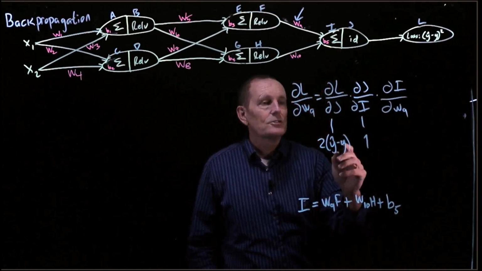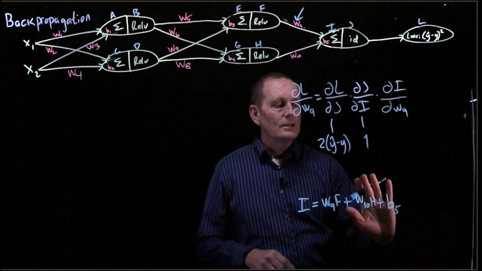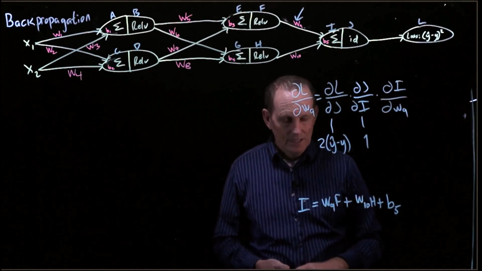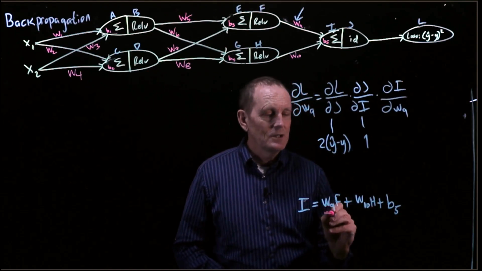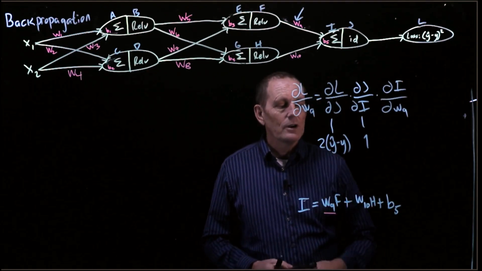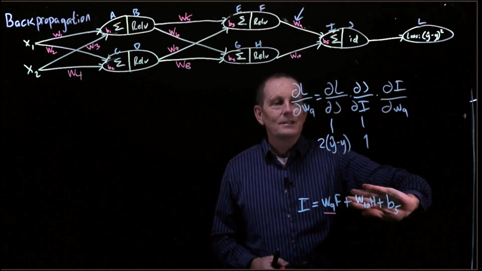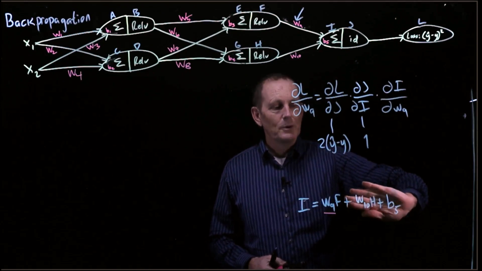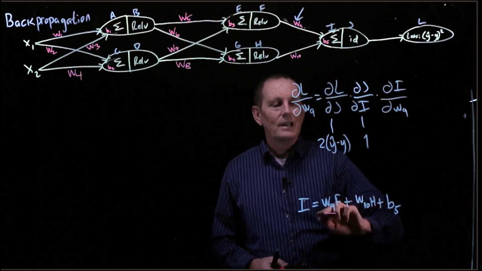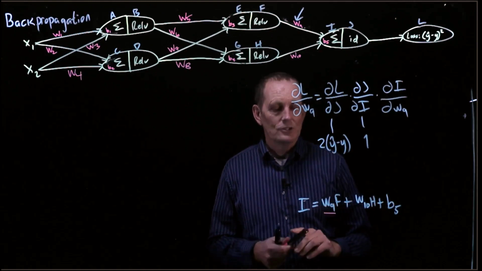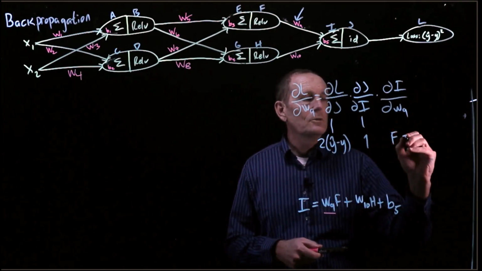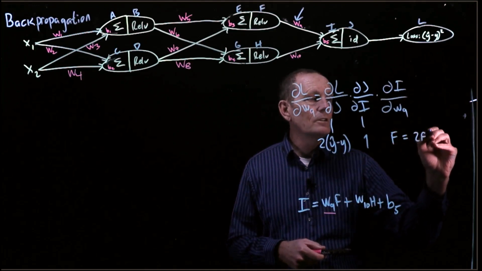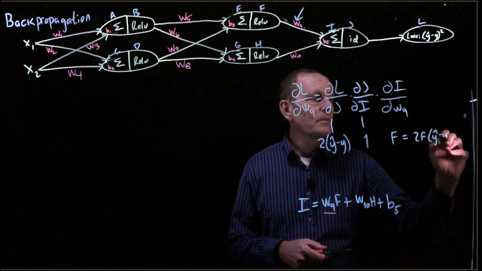Well, if we're taking the partial derivative with respect to W9, then everything else in here is a constant. The only thing that's not constant is W9. And so therefore, the derivatives of these pieces are 0, and the derivative of this term is just F. So this equals 2F times y hat minus y.